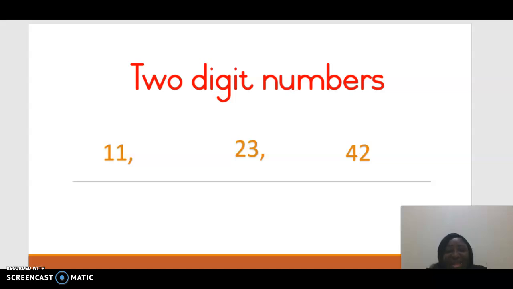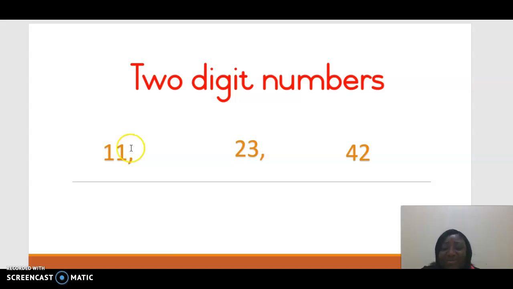What the task is, or what the learning is for this week, is looking at how many tens there are in a given two-digit number and how many ones there are. Quickly, I'm going to show you an example of how to tell just by looking at a number how many tens there are and how many ones there are.